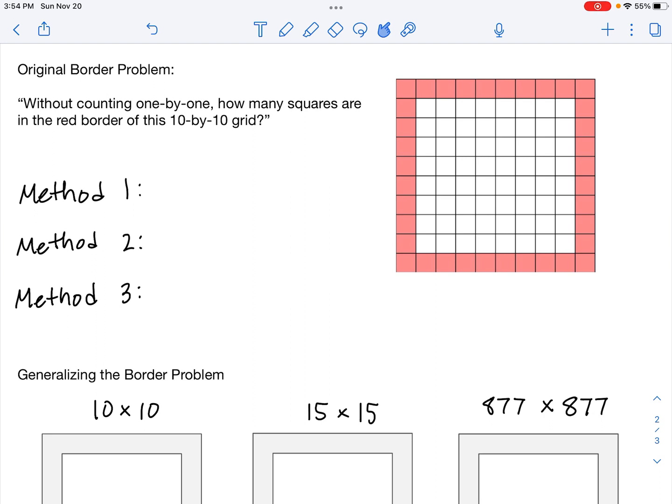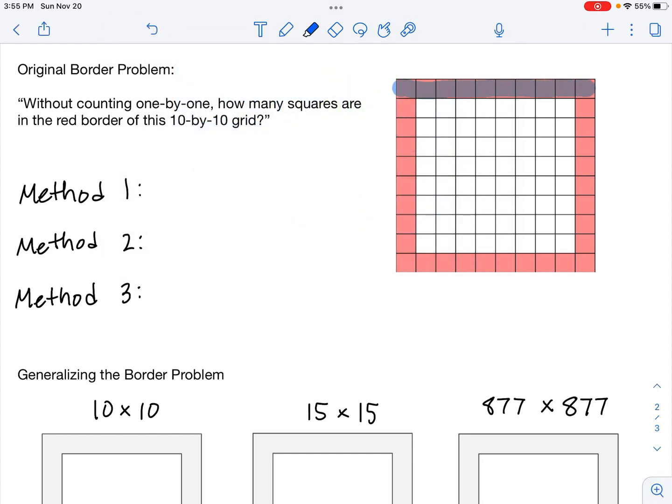Now, in class, there are a couple methods that students found. I'll talk about 3 of those methods. There are at least 6 different methods you could use to count. The first method I'll be looking at is this one.